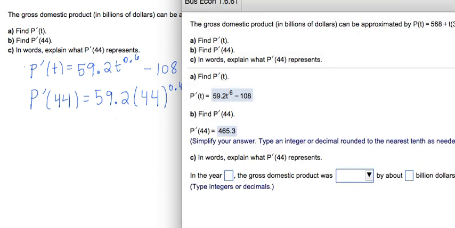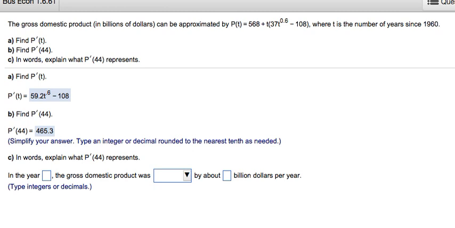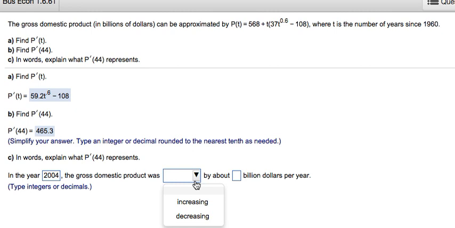Okay, so what does it mean? So the derivative tells you the instantaneous rate of change of a function at a certain point in time. So this is telling us that when t is 44, so 44 years after 1960, that would be in 2004, the gross domestic product was, well, its derivative is positive, therefore the gross domestic product is increasing because the rate of change is positive.